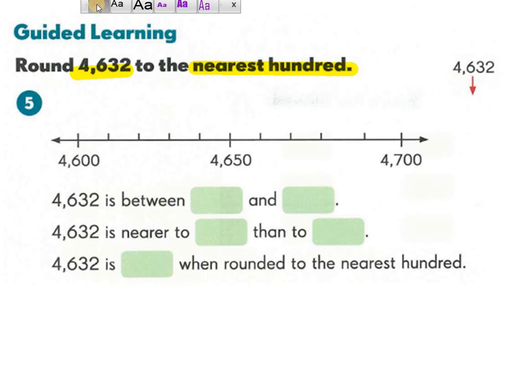Okay, you should already know about how to round 4,632 to the nearest 100. I'm going to take this number and I'm going to put it on a number line. And I know that 4,632 is less than 4,650. So it's less than 4,640.